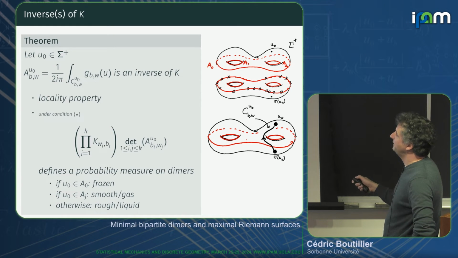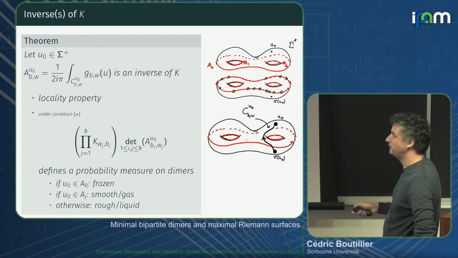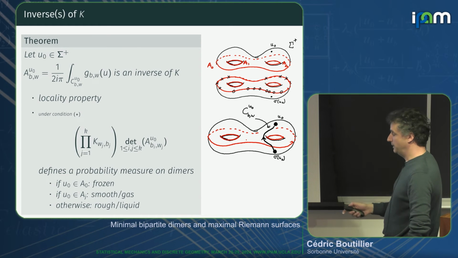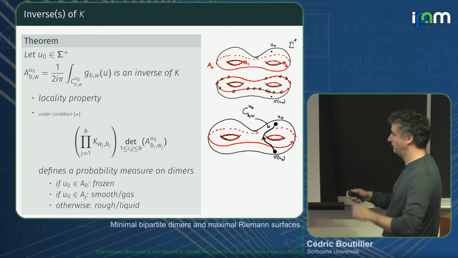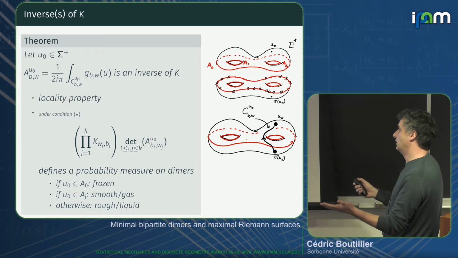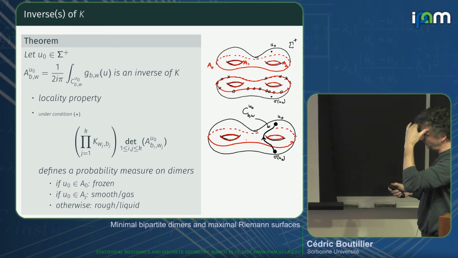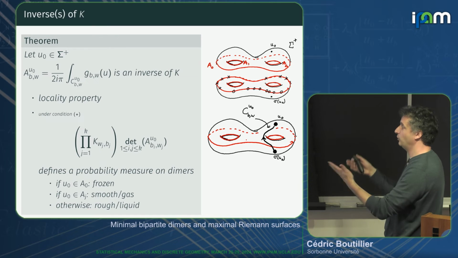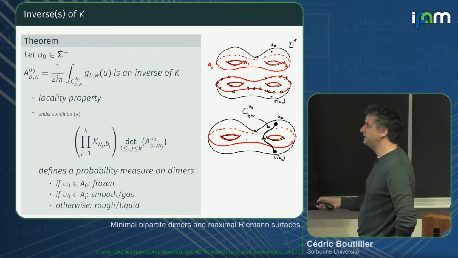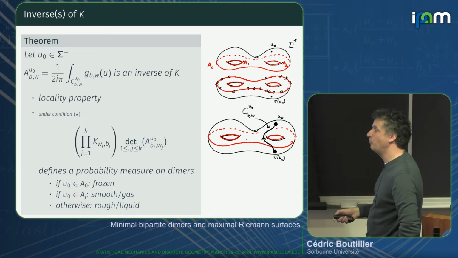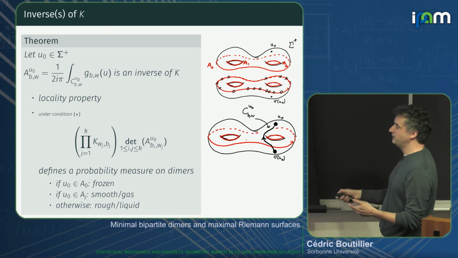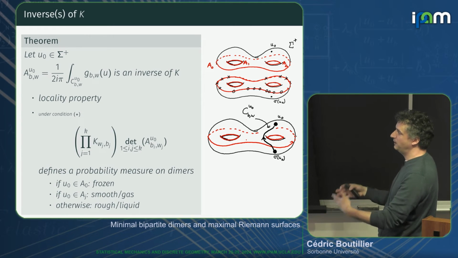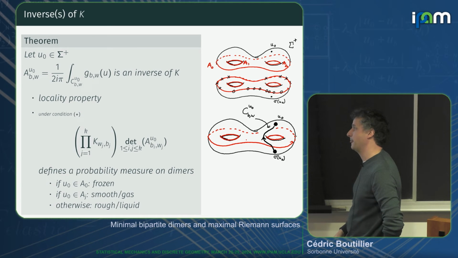But if it's in the interior of sigma plus, you get the generic situation where the measure is liquid. So this is a way to define, simultaneously on all these minimal graphs, probability measures with these local operators. And since the coefficients depend only on the local geometry, all these dimer models are coupled in a very strong way.